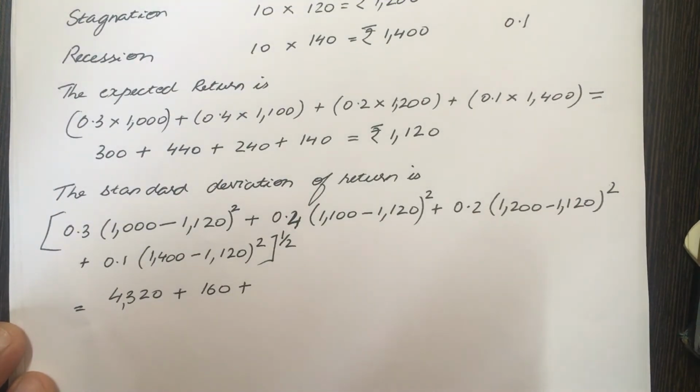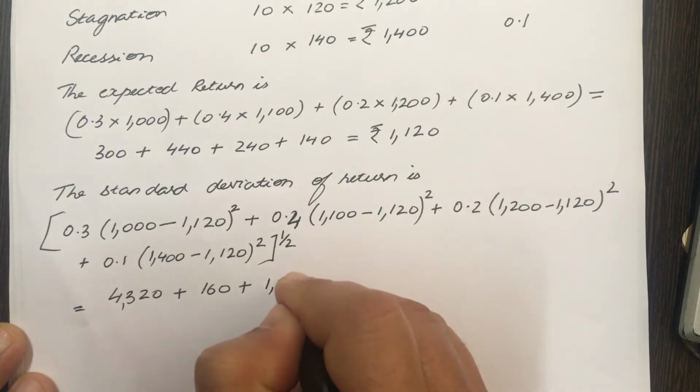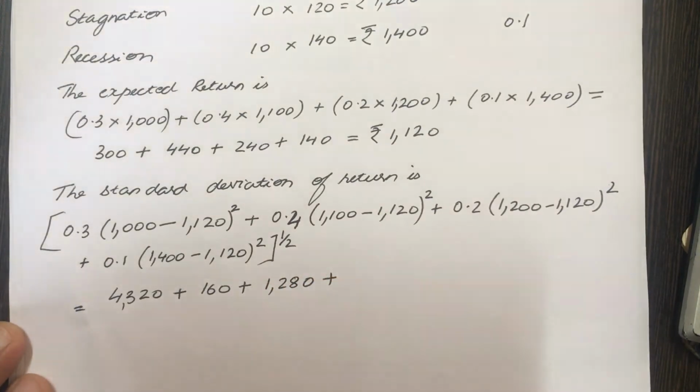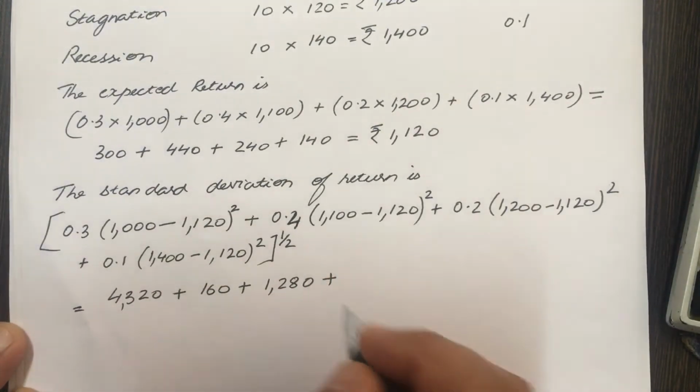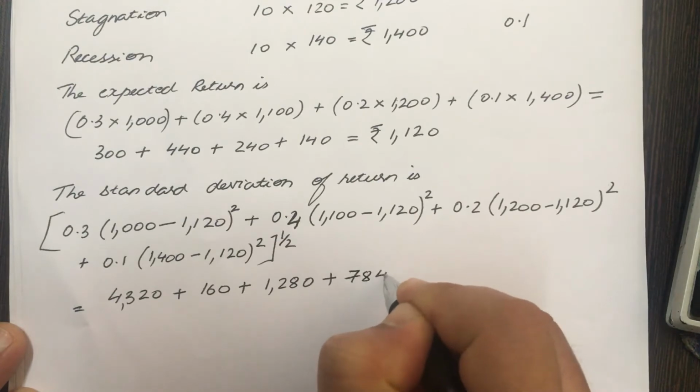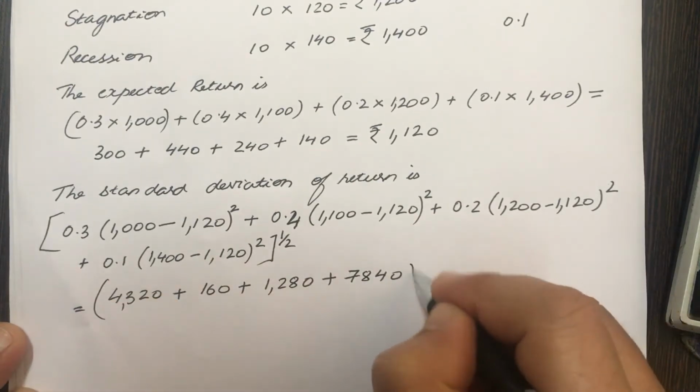Then 1200 minus 1120 is 80, squared is 6400, into 0.2, so that is 1280. Plus 1400 minus 1120, which gives 7840. Now add all this.